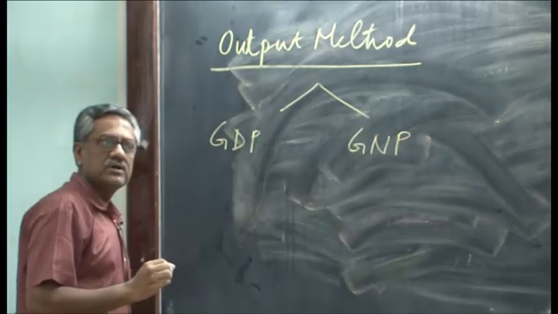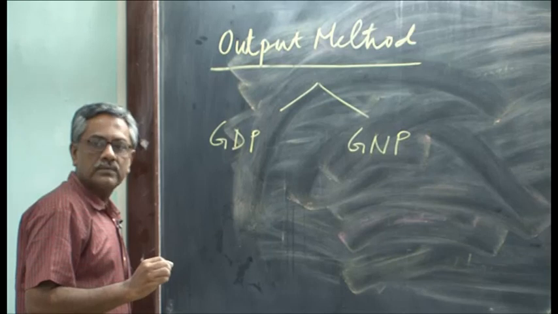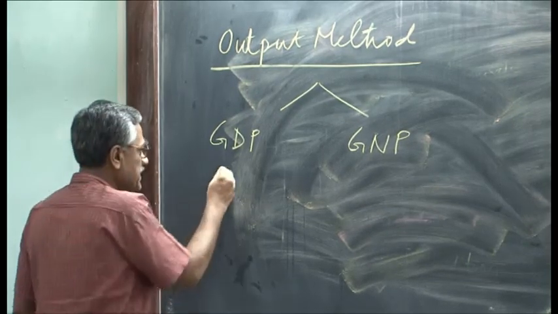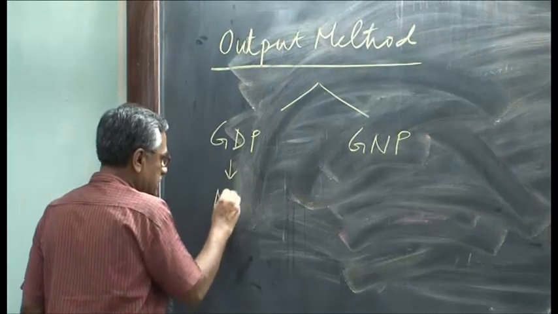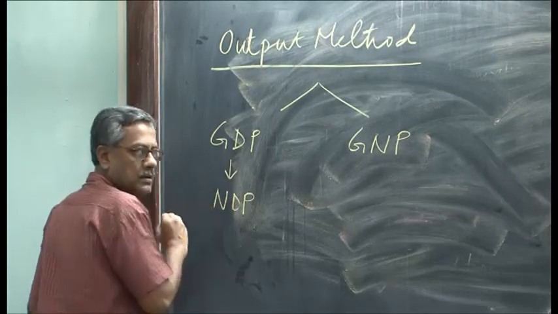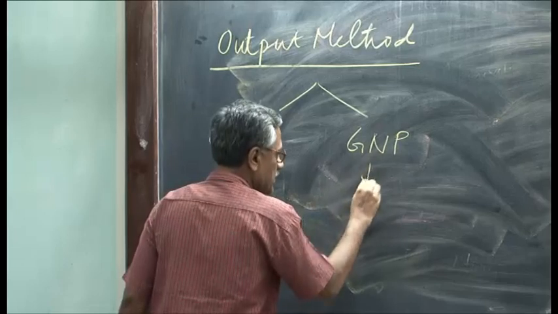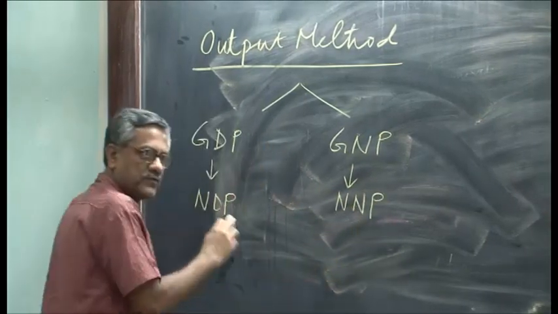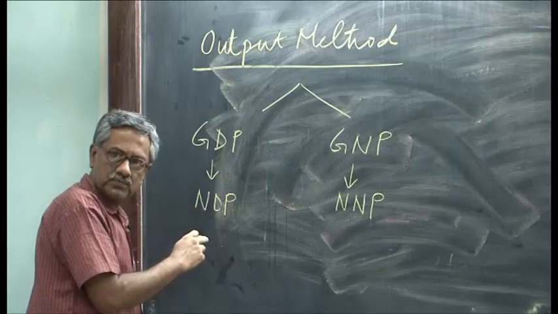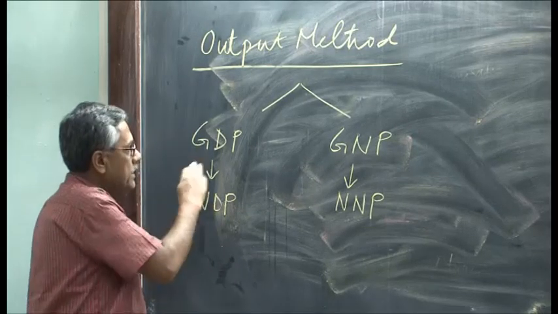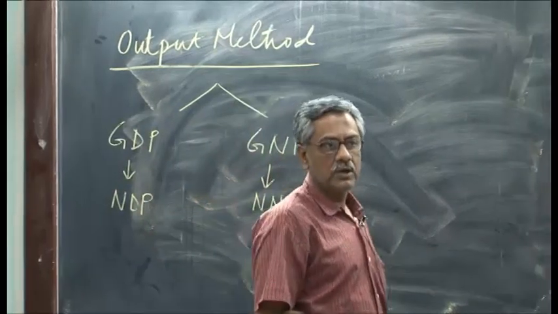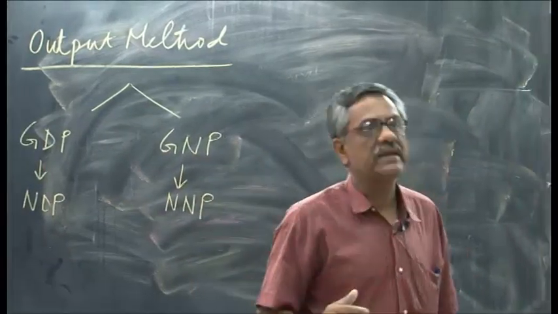You must have heard of these variables, must have. And GDP has a relative variable called NDP, and there is a relative variable here called NNP. Often these 2 variables are also used. They are very popular using the output method. So let me explain that to you.